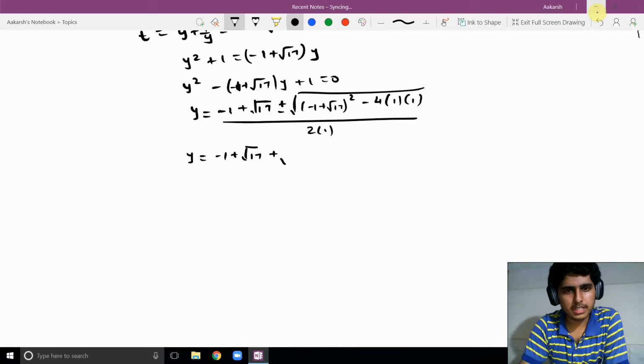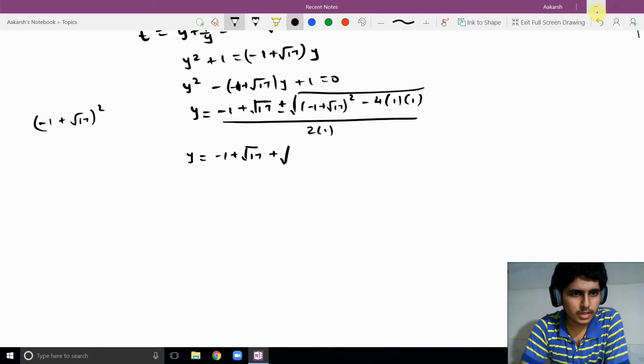So I plus square root of, now I have to square this. It is minus 1 plus square root of 17 the whole square. So this is nothing but a square, which is minus 1 square plus 2 times minus 1 times square root 17 plus square root 17 the whole square.